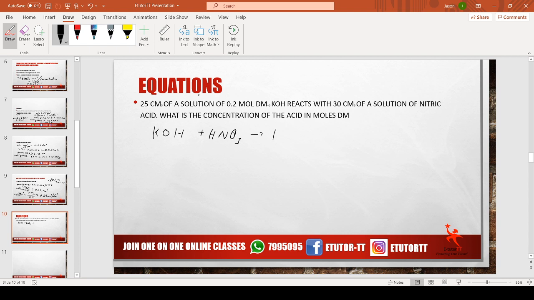So we get salt. So we'll get KNO3 plus H2O. The equation has already been balanced, so you don't have to worry about that. It's a 1-to-1 ratio.